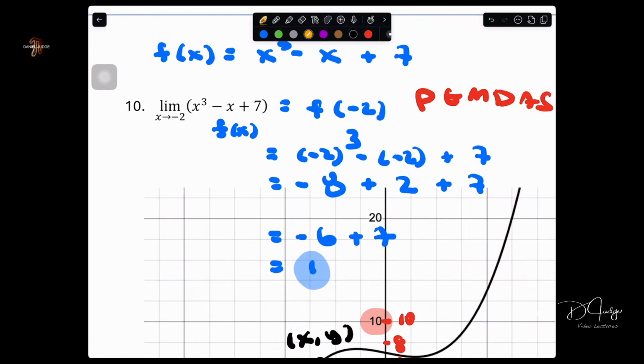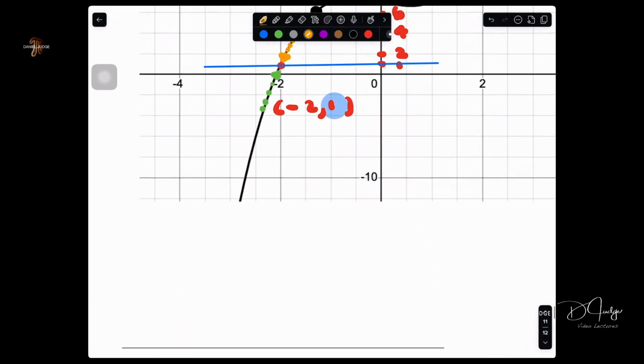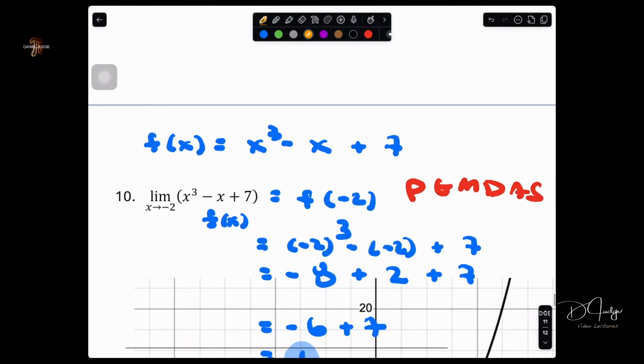But I want to warn you guys, remember, the essence of this exercise is to recognize that you have a polynomial function and that all you got to do to evaluate a limit is what's called functional evaluation, meaning you're going to use just order of operations for every polynomial, plug in the value, and use PEMDAS.